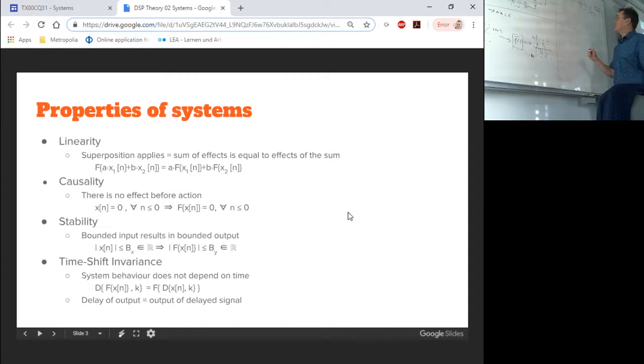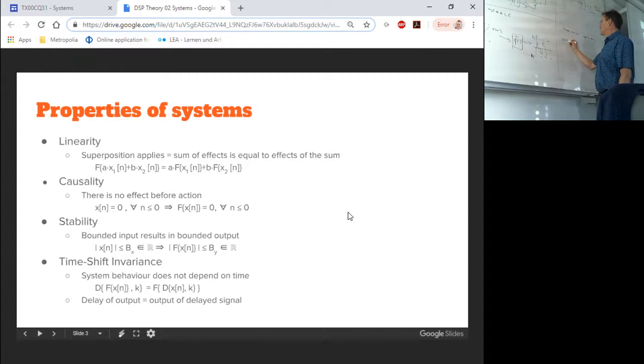Then the third one is time shift invariance. What does that one actually mean?